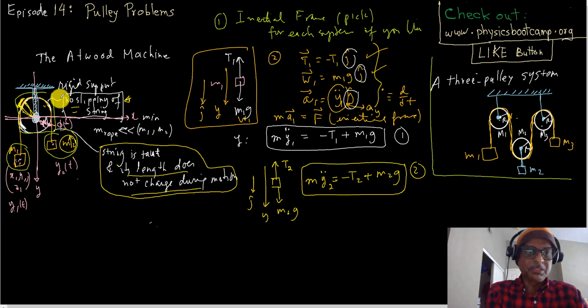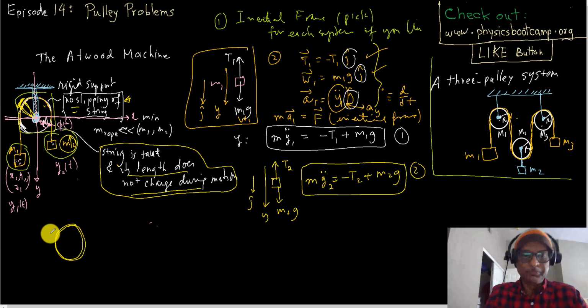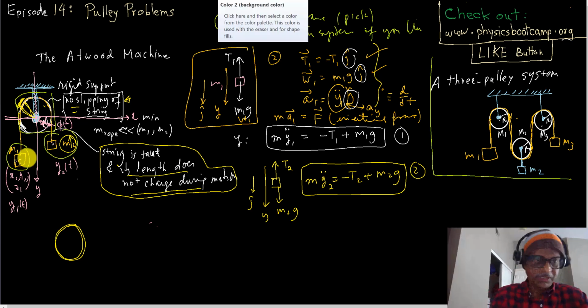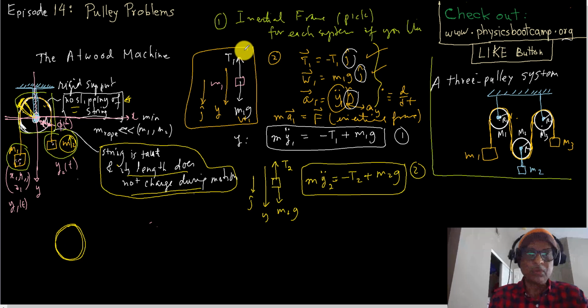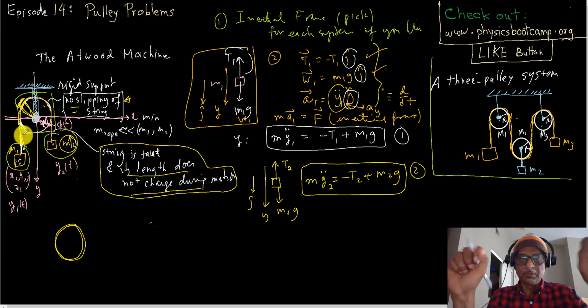The problem is the wheel itself, so let's do that out. The wheel itself, what we're going to get is very interesting. The tension T1, when you look at the tension in there, is pulling up and pulling that down. That's why if you take a rope, both sides pull in.